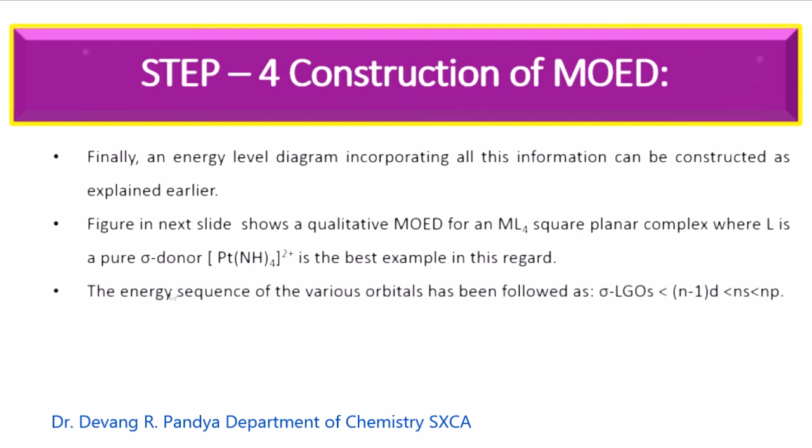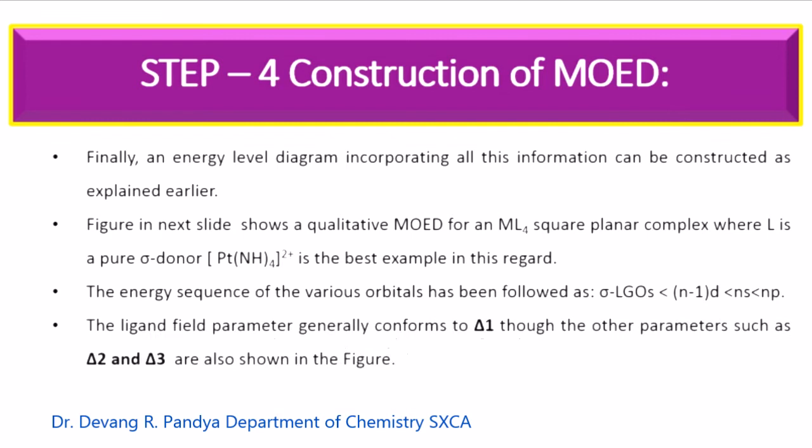The energy sequence of the various orbitals has been followed as sigma LGO, which is having the lowest energy BMO, then (n minus 1)d, that is 3d atomic orbital of the central metal ion. Then higher energy is the 4s orbital of the central metal ion, and highest energy is the 4p atomic orbital of the central metal ion.